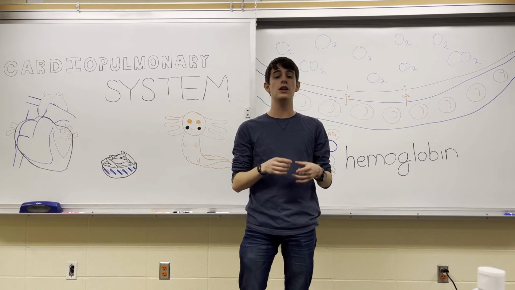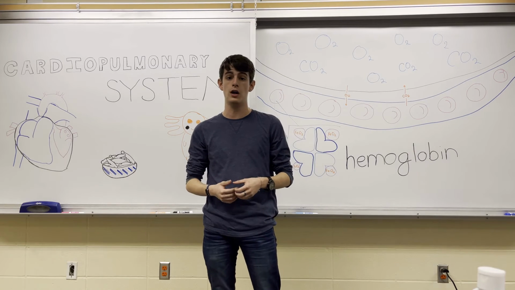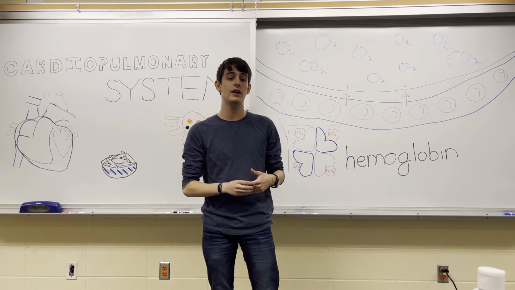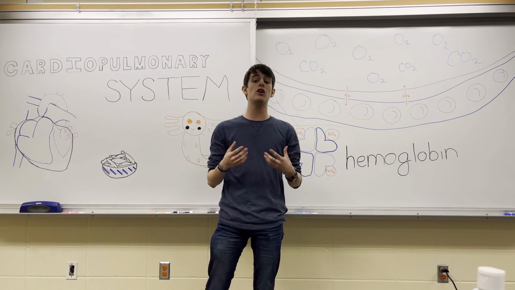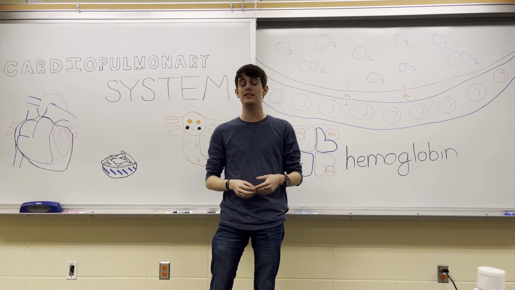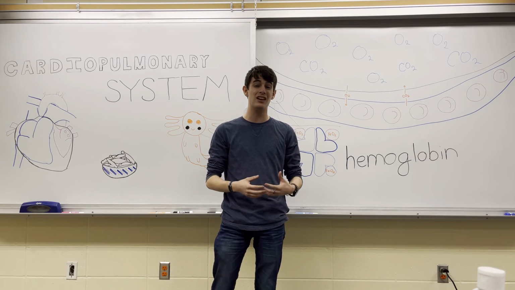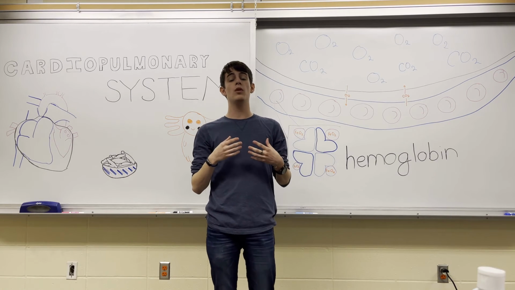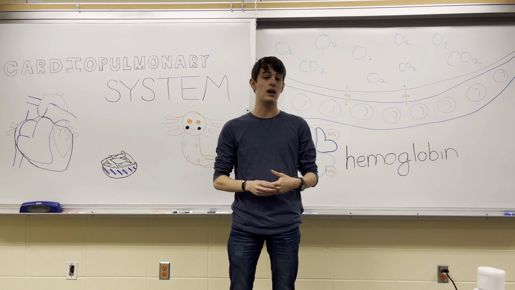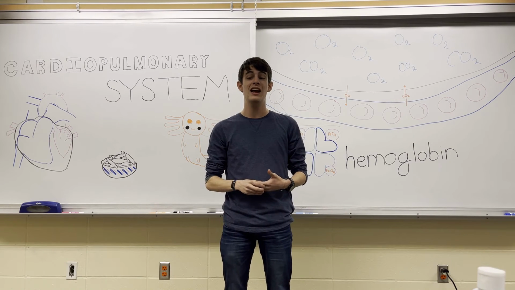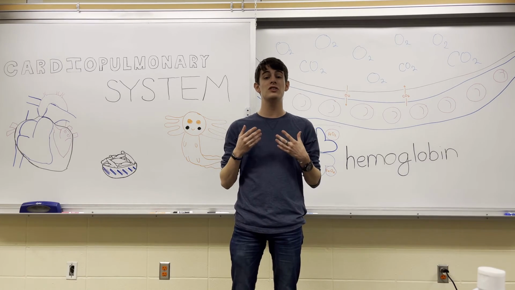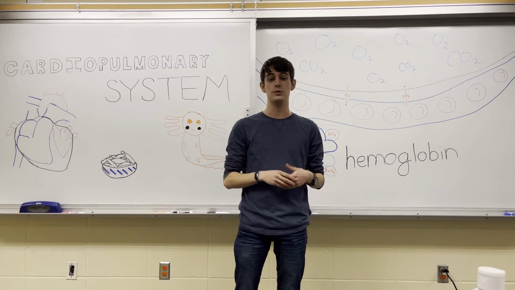Now, each of those bonds is with an O2 molecule, meaning that each hemoglobin can carry up to 8 oxygens at a time. Due to the large amount of hemoglobin in each red blood cell and the millions of red blood cells in our blood, we are capable of transporting an immense amount of oxygen at a time. Because of this, even a small drop in blood pressure can lead to a large deficiency in oxygen transport.